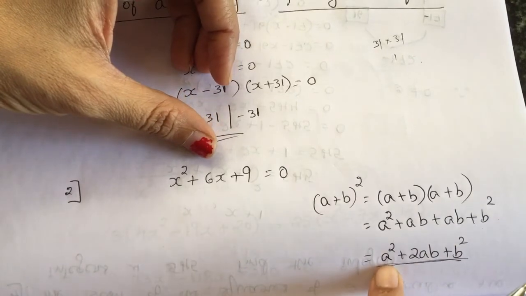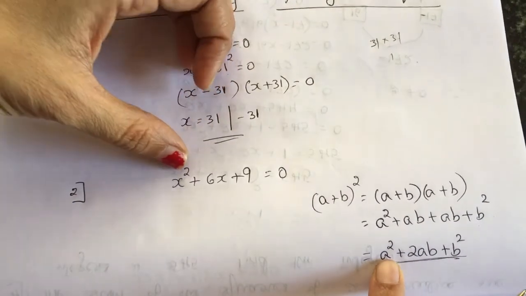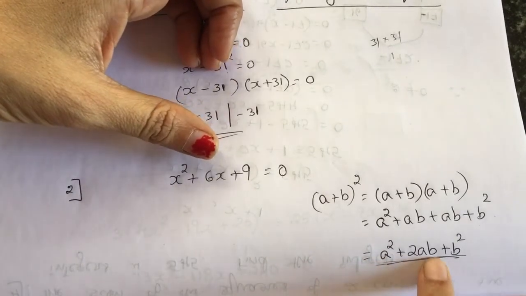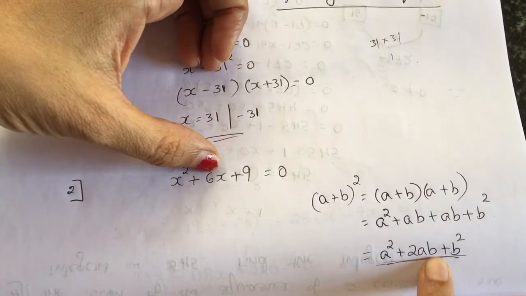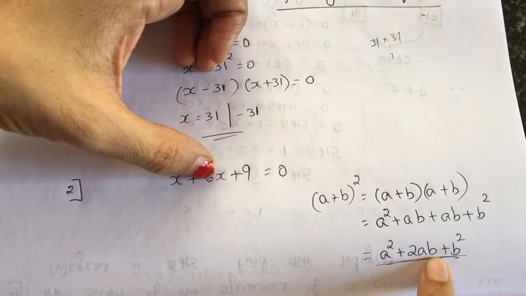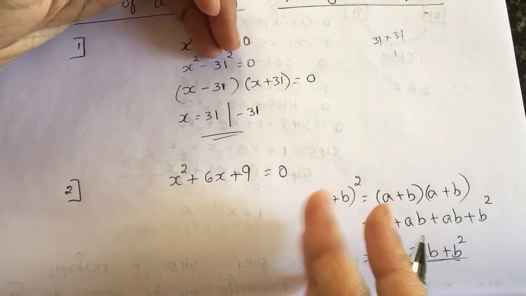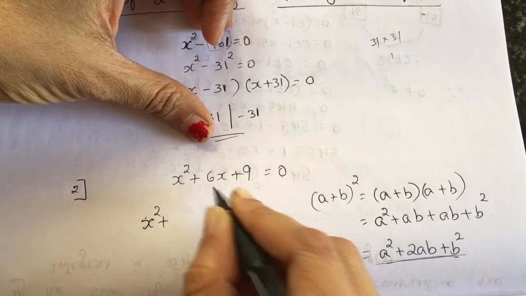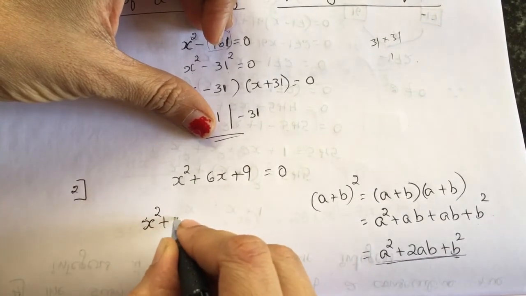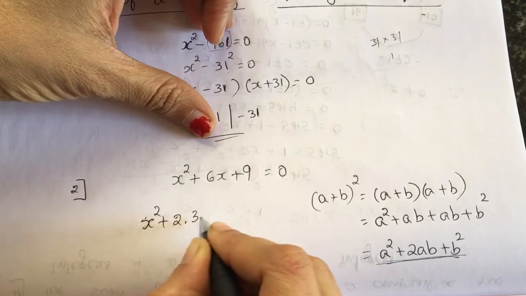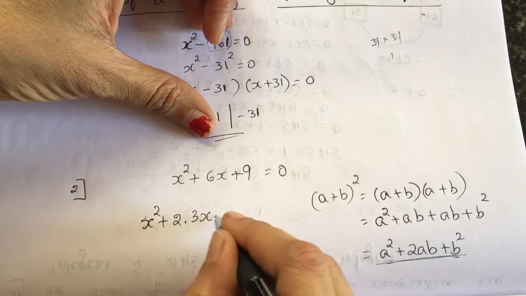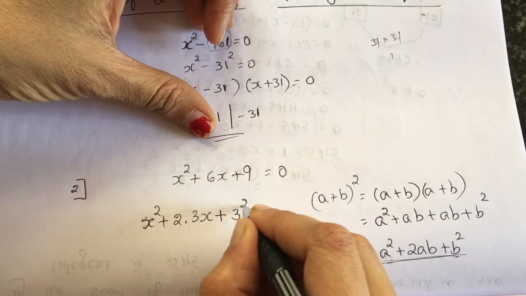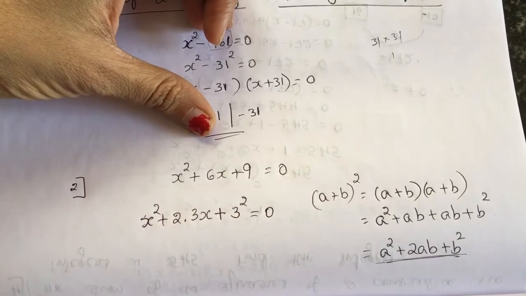Say a square, instead of a you have got x, no problem. Then 2ab here. Can I write this 6x in terms of 2 into something? Yeah, I can. So I'll write it as x square plus 2 into 3 into x plus 3 square equal to 0.